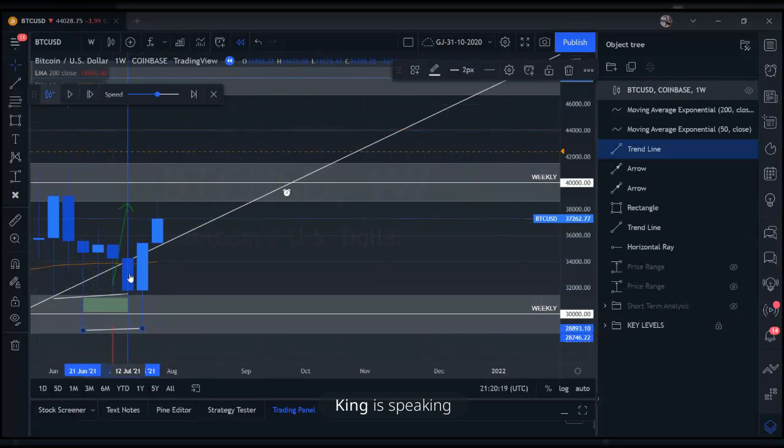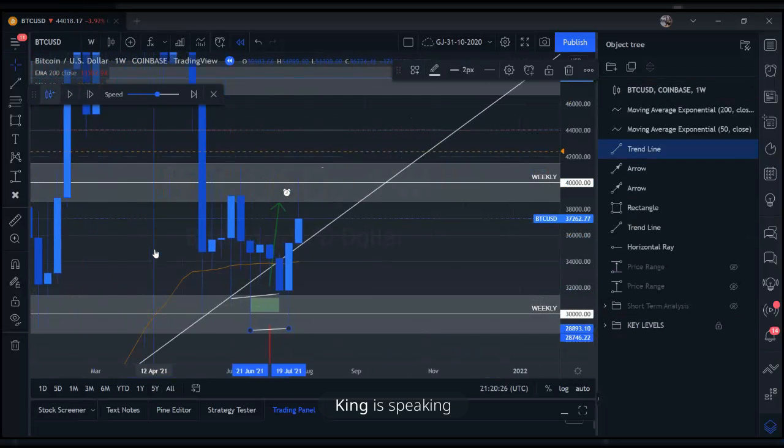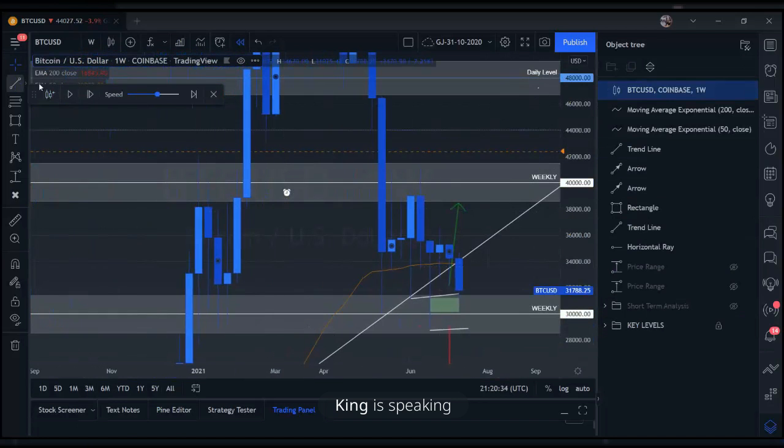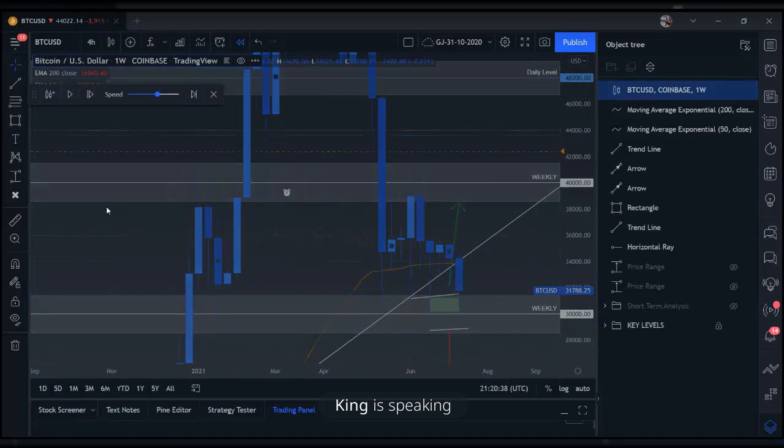Let's just go back a bit. So we can see this week ended massive. Even on the weekly chart, we managed to get back above the 50 EMA, so that's big. Let's go back to this weekly here, and let's go back down into the 4 hour.